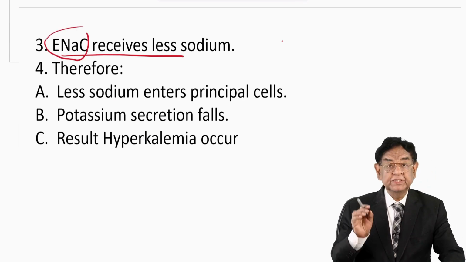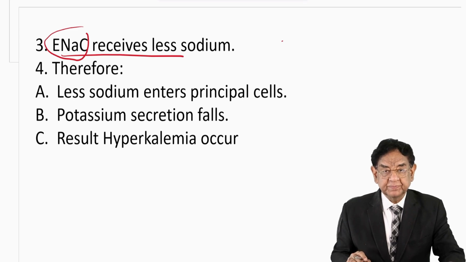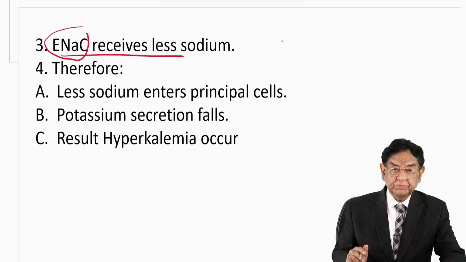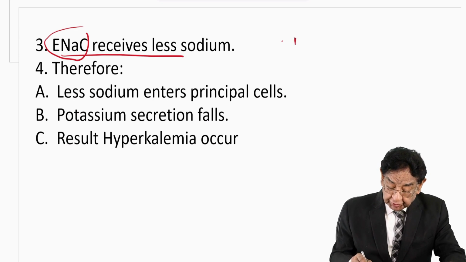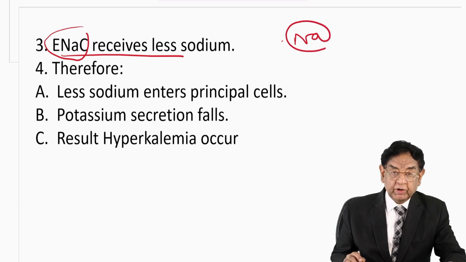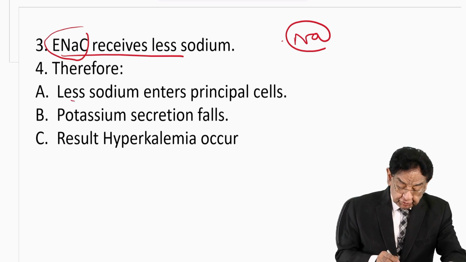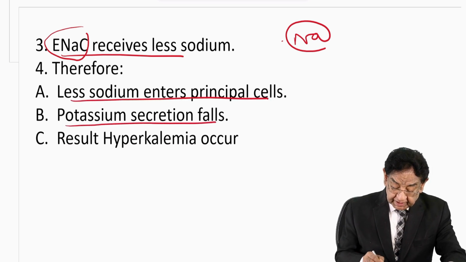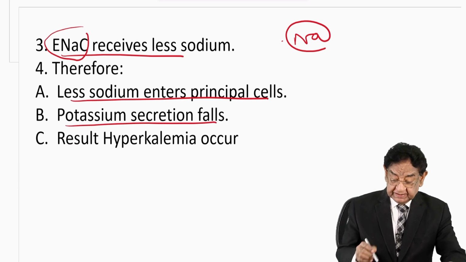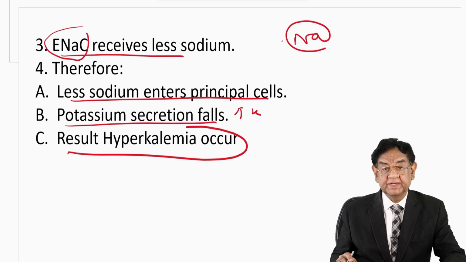ENaC is the epithelial sodium channel, it absorbs only sodium, nothing else. Chloride is not absorbed by this channel. So less sodium has come to the collecting tubule, less sodium in the principal cell, potassium secretion fails. The point I mentioned, it ultimately leads to hyperkalemia.